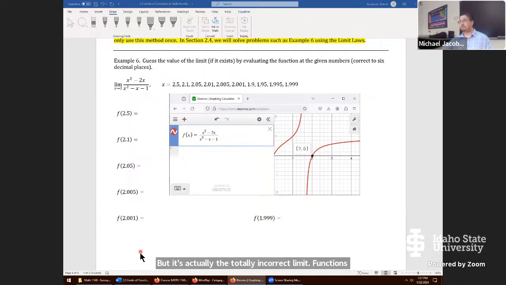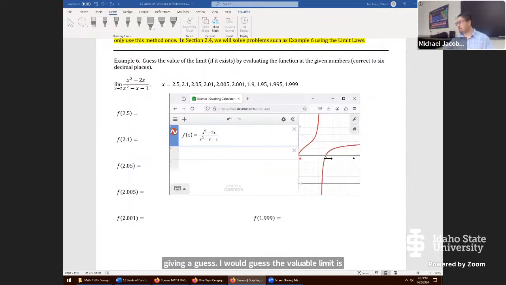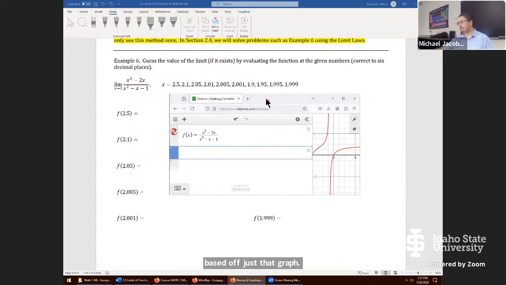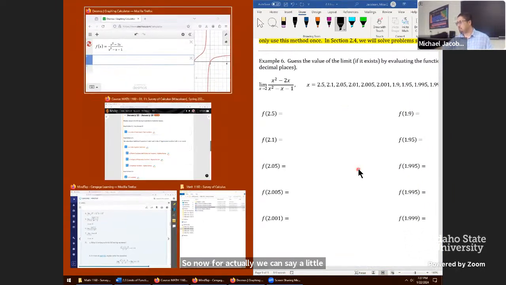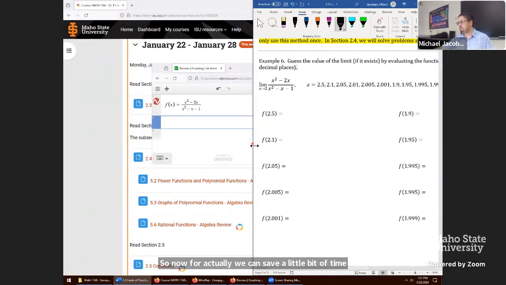So we're going to work this out very carefully here and see how it goes. However, we might suspect, if we're giving a guess, I would guess the value of the limit is 0 based off just that graph. But let's see what happens with the function outputs. So now actually, we can save a little bit of time here by just a small window adjustment.